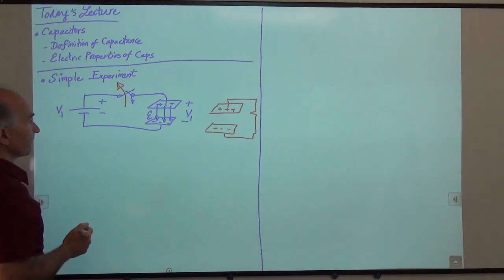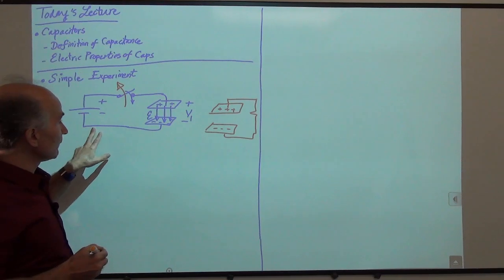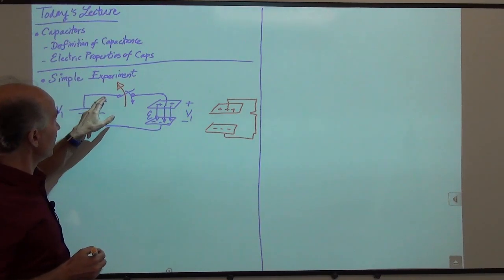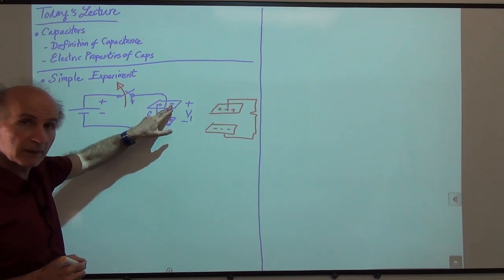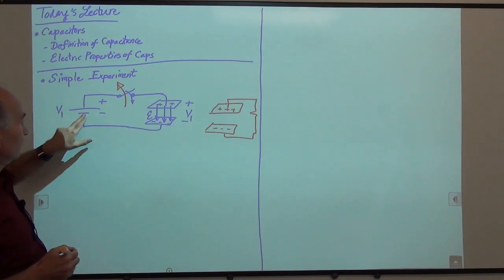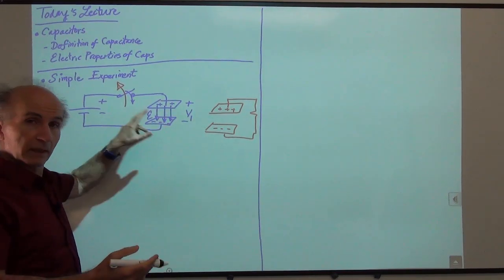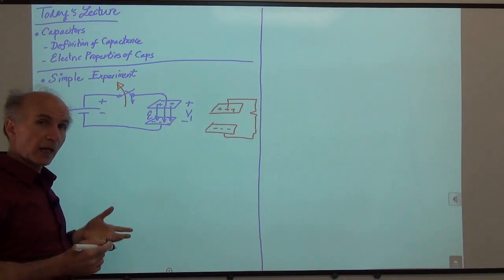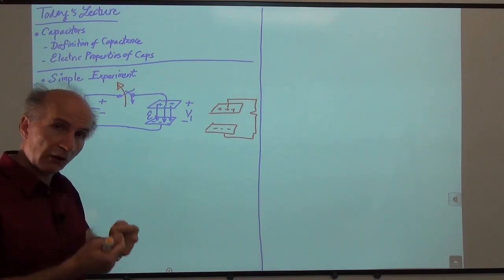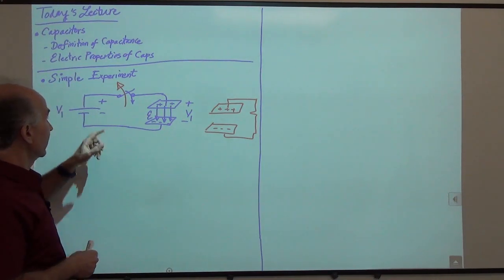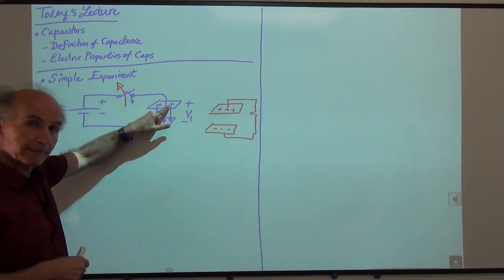All right, so one note I should make about this experiment is that we see that we have positive charge coming here from the battery onto this top plate, and then a negative charge coming from this side of the battery to this plate, right? This charge had to come from somewhere. It came from the battery. Now, that's one perspective, but another perspective, which is actually more correct, is to say that yes, we brought positive charge here, okay?